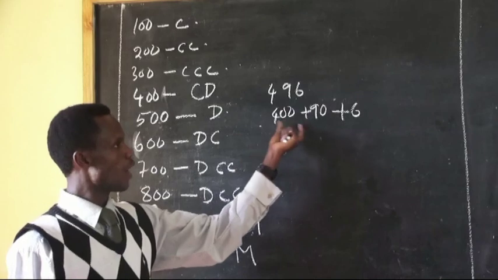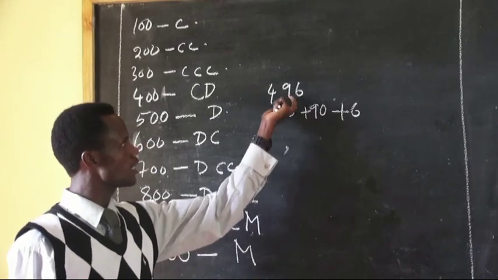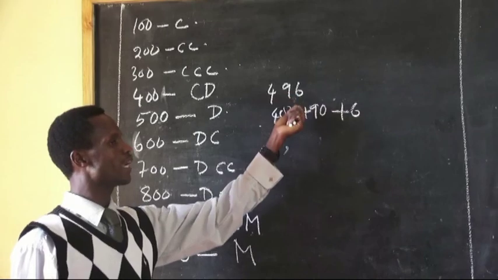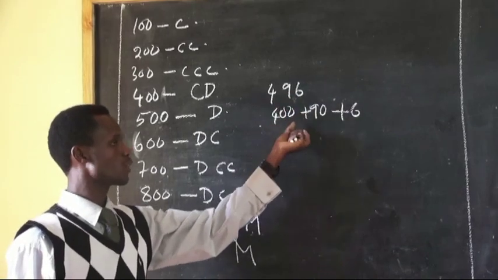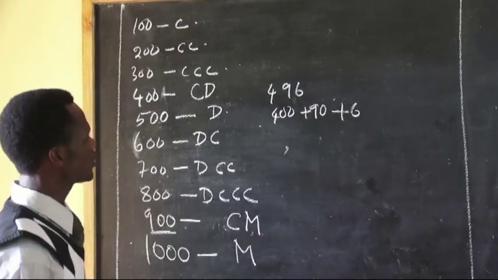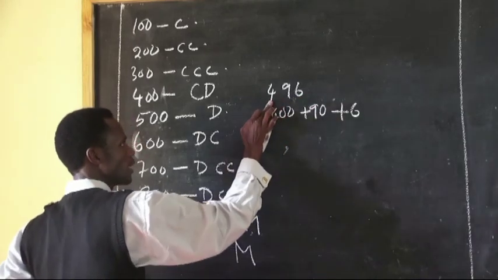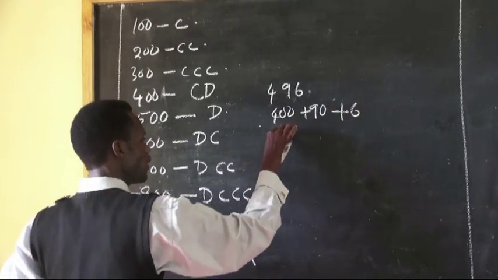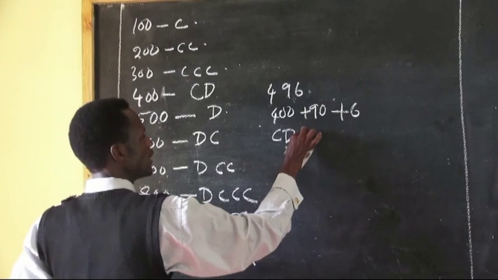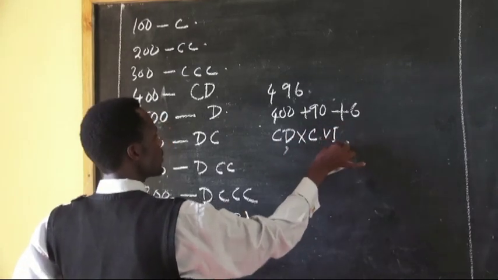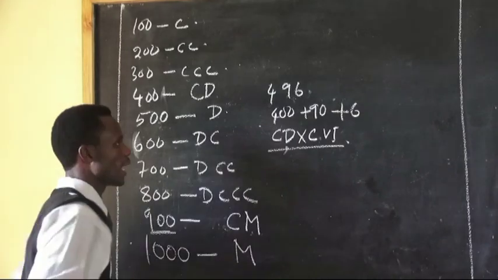The way you sound the number is the way you write the Roman numeral. So this is 400, this is 90, and 6 is this one. So this is 496.